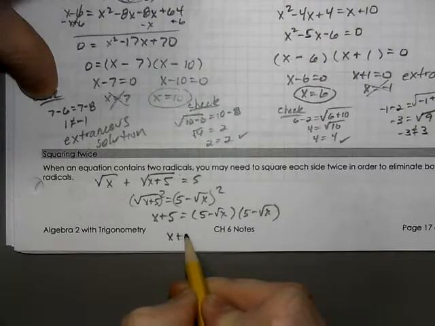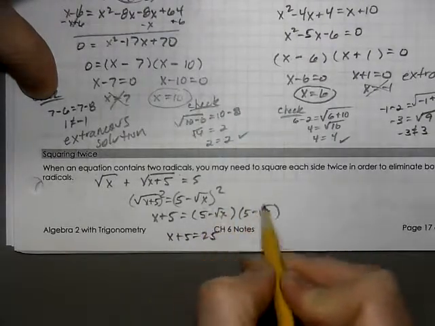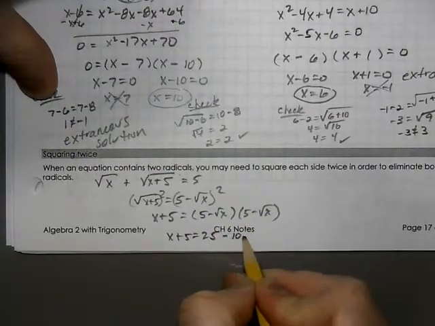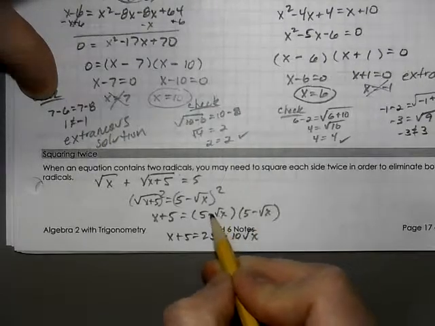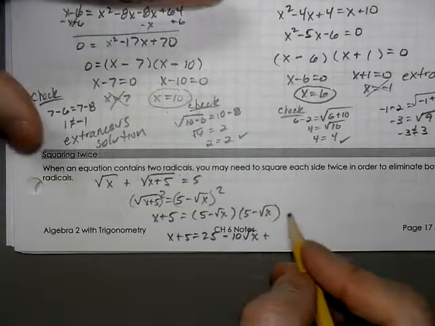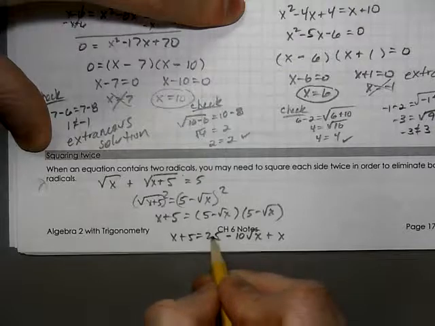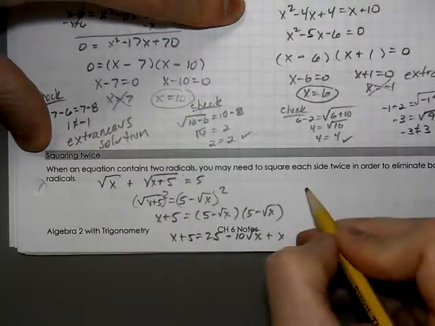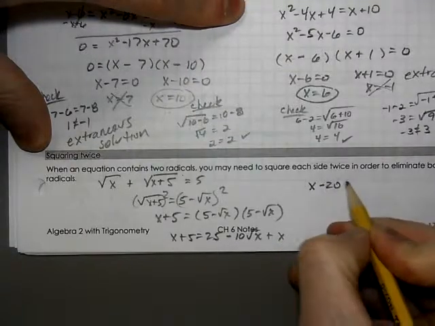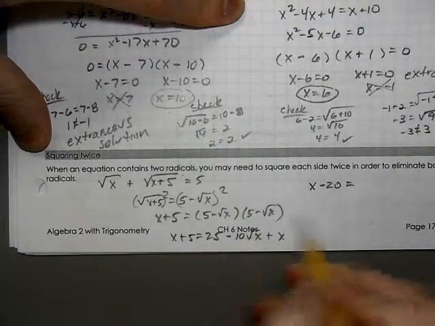That leaves us with x plus 5, 25, minus 5 square root of x, minus 5 square root of x, which is minus 10 square root of x, and a positive square root of x times the square root of x is x. So moving your values across would give you x minus the 25 would give you negative 20. Subtract the x to the other side.